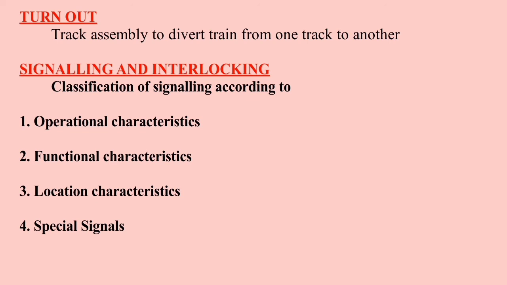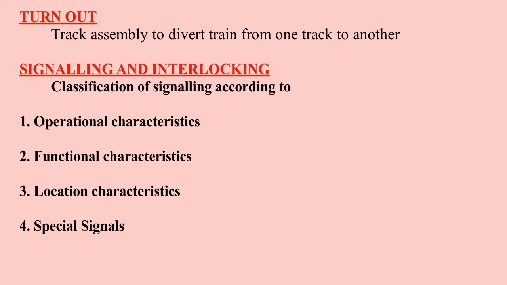According to the functional characteristics, it is further divided as stop or semaphore signal, warner signal, shunting signals and colored light signals. According to the location characteristics, signals are classified as outer receptional signal, home receptional signal, starter signal and advanced starter signal.